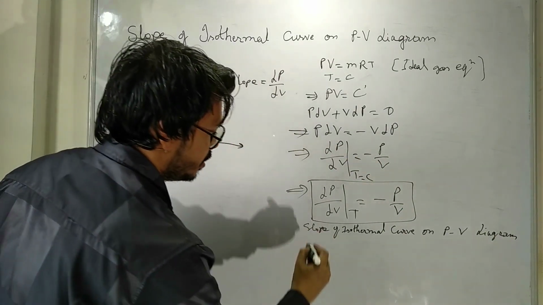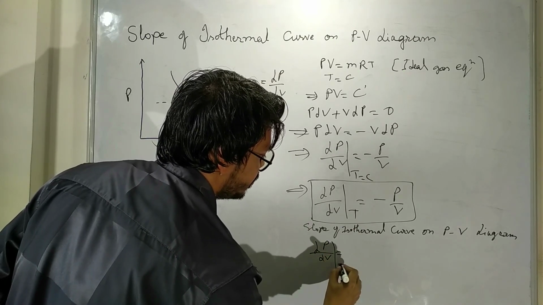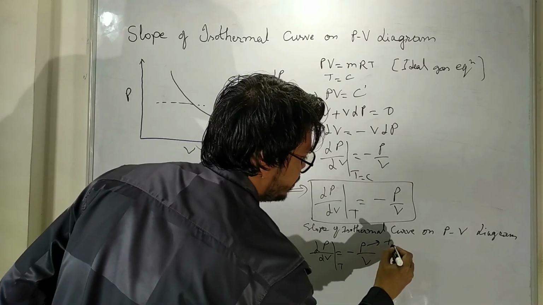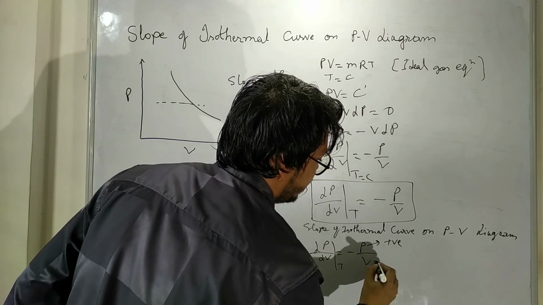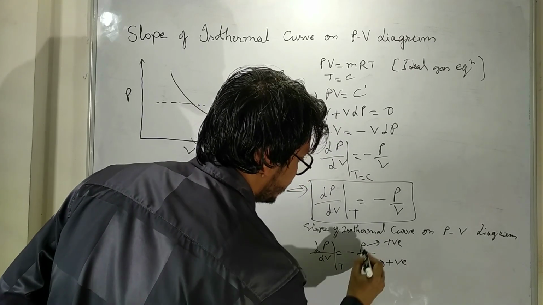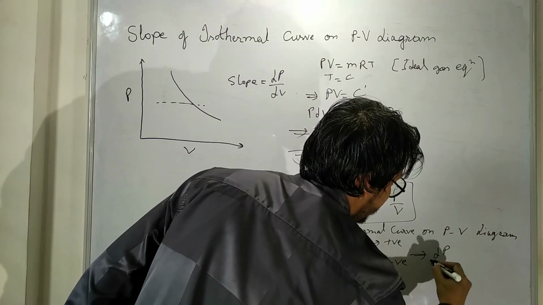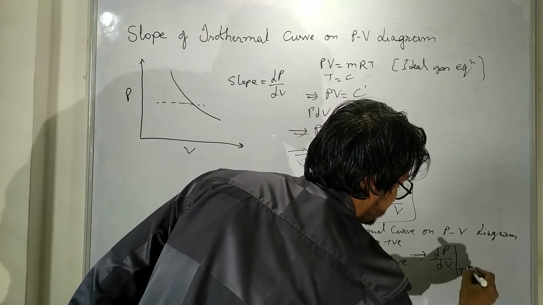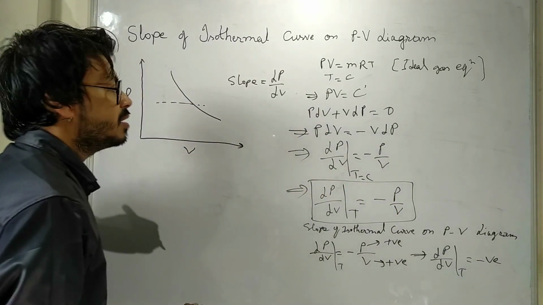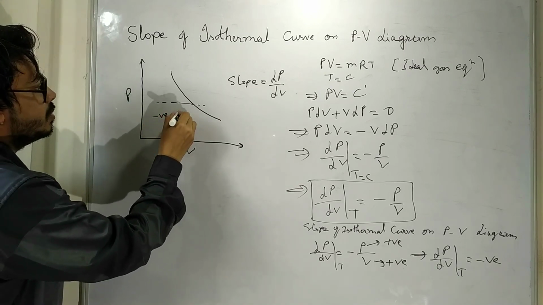Now, dP by dV is equal to minus P by V. Pressure is always positive, and volume is also always positive. This implies dP by dV at T equals constant is always negative. So the slope of the isothermal curve will always be negative.